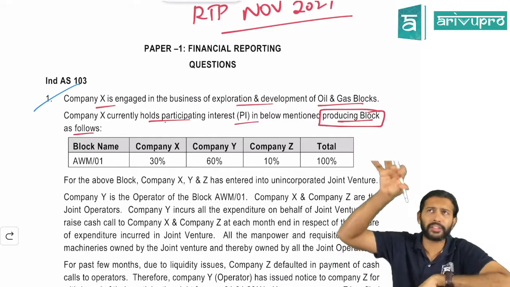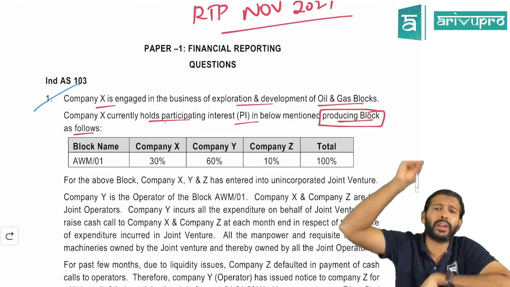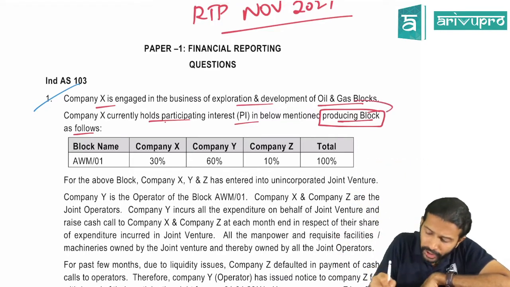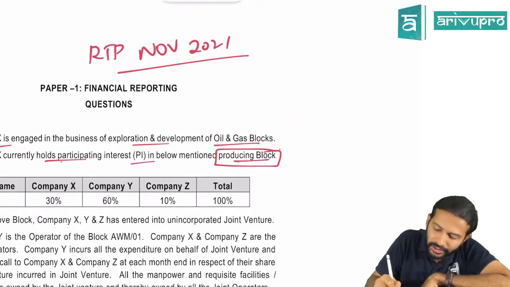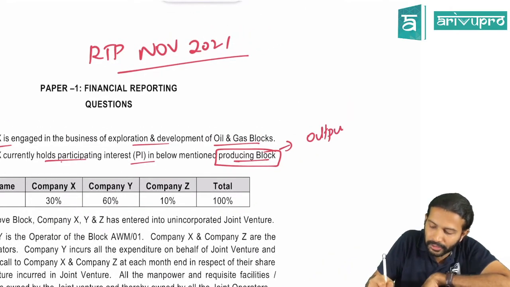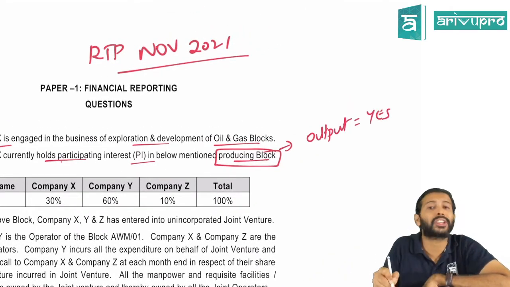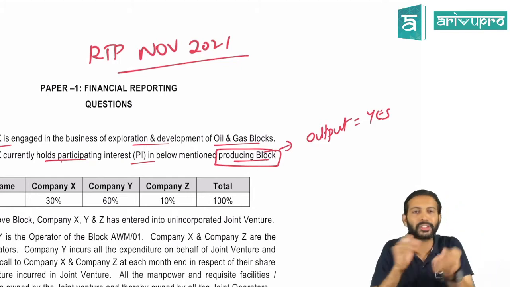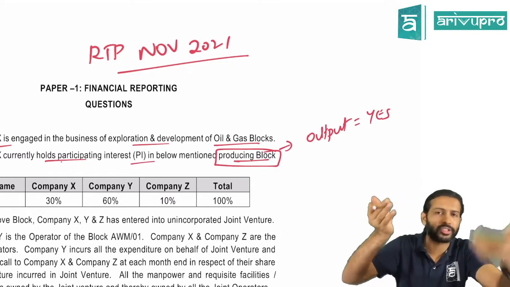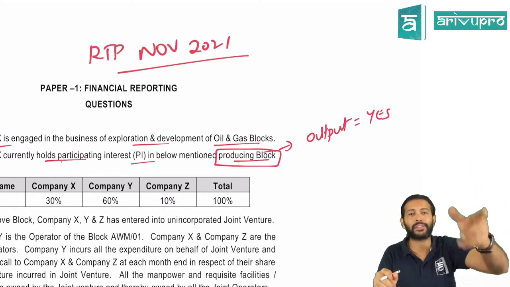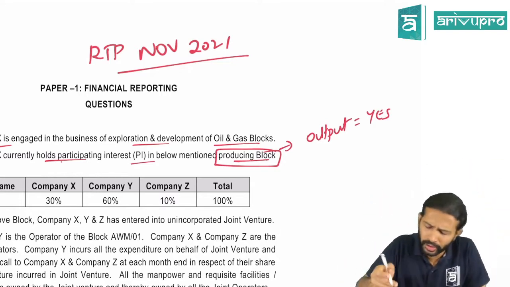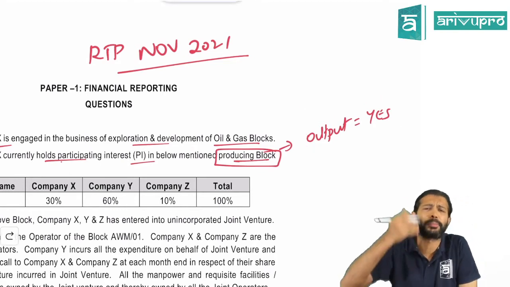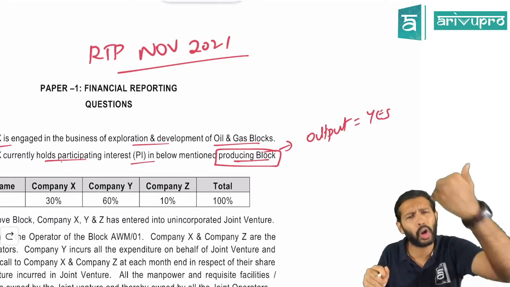You have an interest in one operation, and that operation is already a producing block, meaning output is available. First you need to check whether that operation is a business. For that you need input, process and output. It's not necessary that output should be available; you should have the capability of generating output. But in this problem, since they're saying it's a producing block, output is already available.